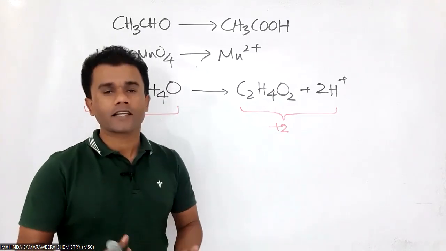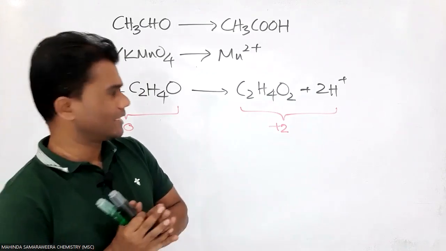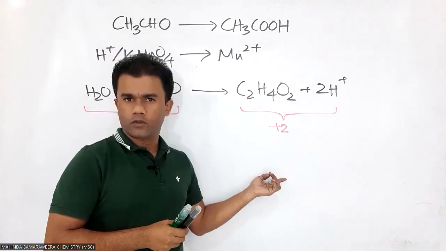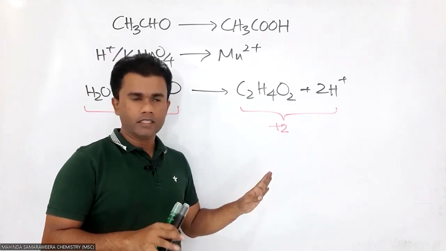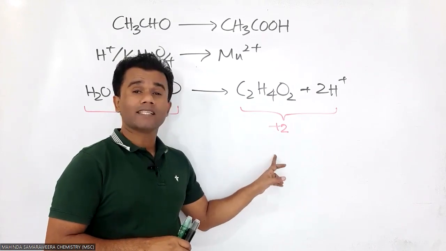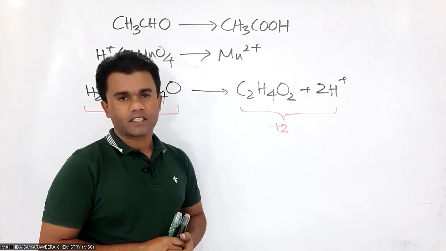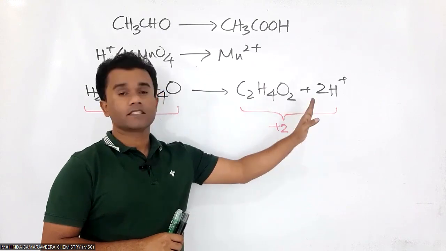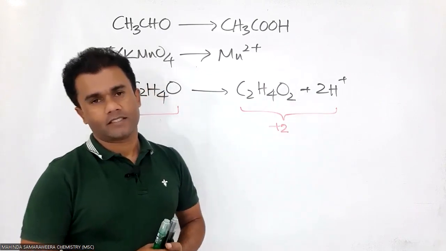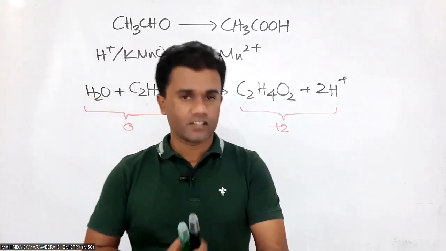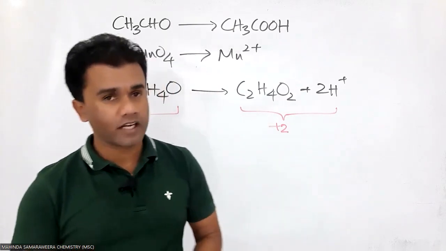Either way it's balanced and correct. In this case, I think it is easy to take plus 2 to 0, because the only thing you have to do is add minus 2, which simply means adding 2 electrons to this side. Electron means minus 1, so minus 2 means 2 electrons should be added.